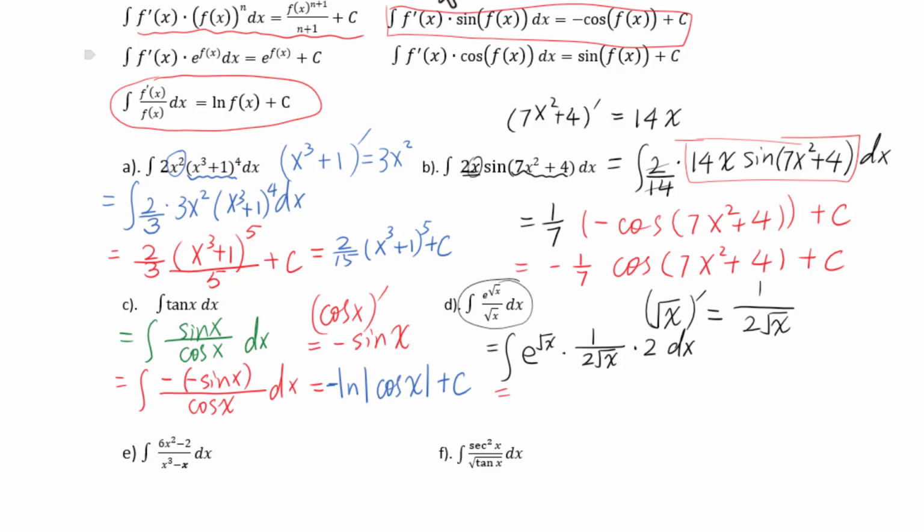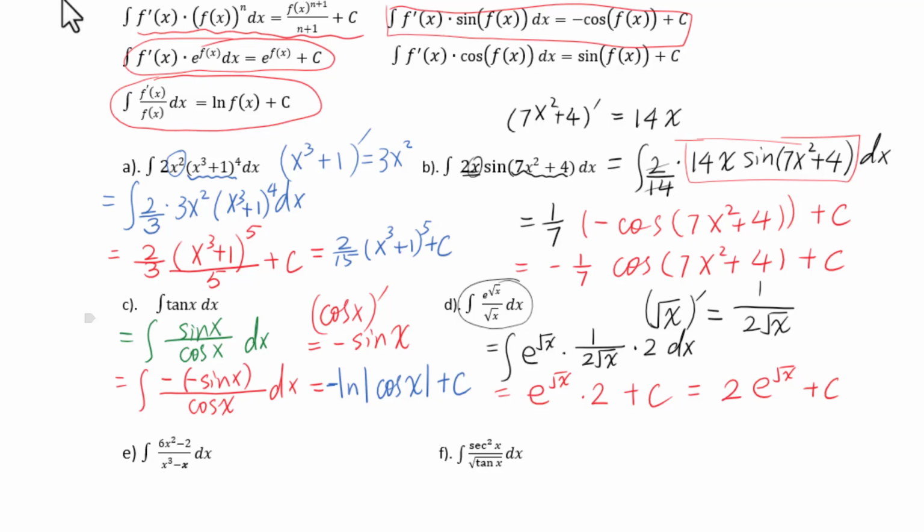Then we have to use this formula: equals e to the square root of x power times 2 plus c. Organize: 2 times e to the square root of x power plus c.